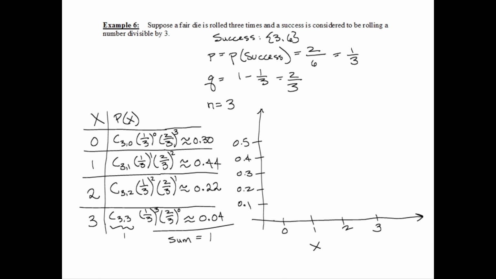So this first bar will go up to 0.3. Next one will go to 0.44, and then 0.22, and then 0.04. So our histogram will look something like this, and sometimes you'll see the probabilities written on top of the bars like this. So this histogram describes our binomial distribution.